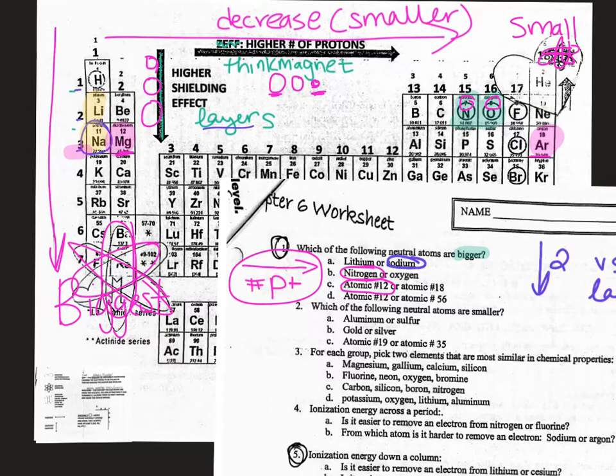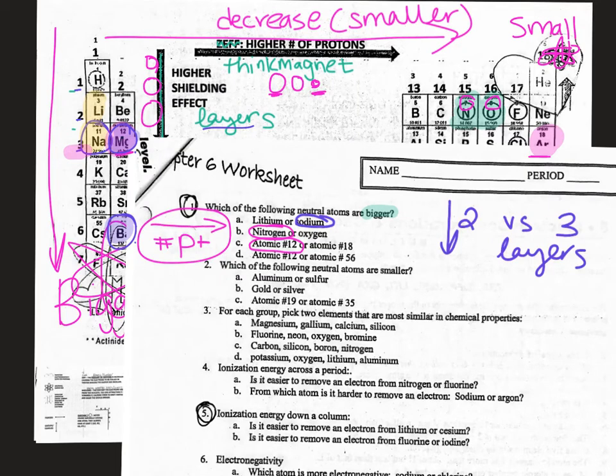Now the last one we're going to deal with is atomic number 12 or atomic number 56. So here is my 12 again. 56 is going to be right here, barium. So looking at 12 versus 56, okay, let me highlight these in purple actually. There we go. So 12 versus 56 means that this is an up-down idea. So remember, we're looking at the layers, okay?